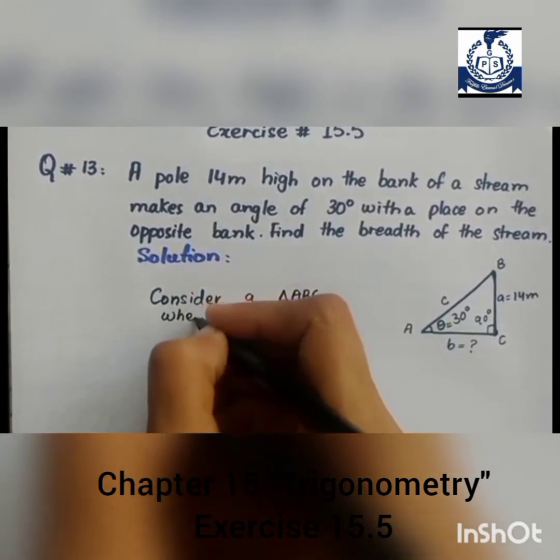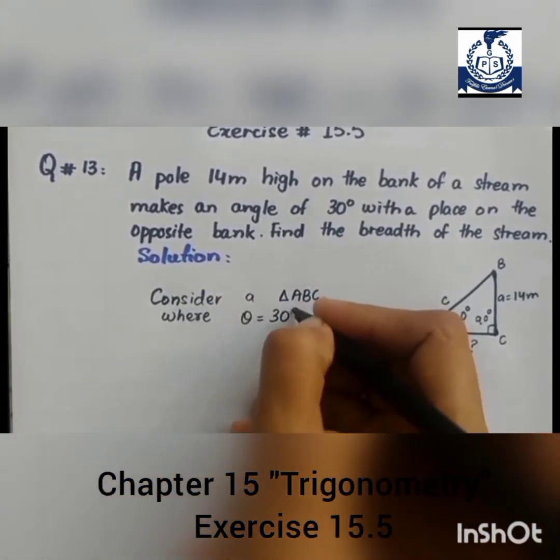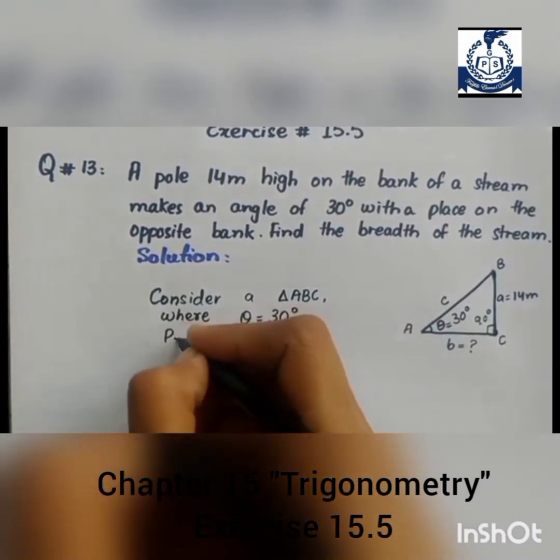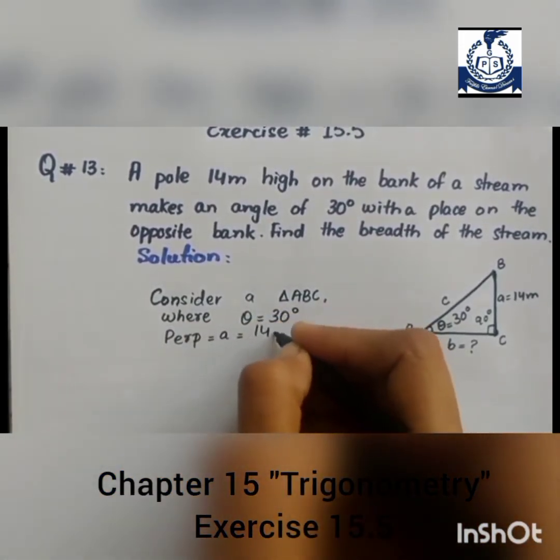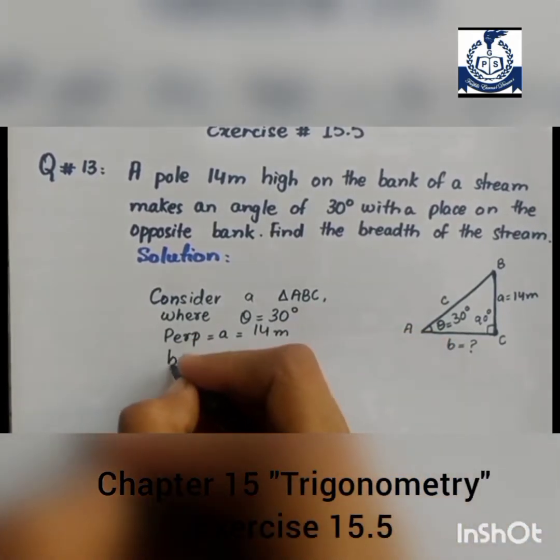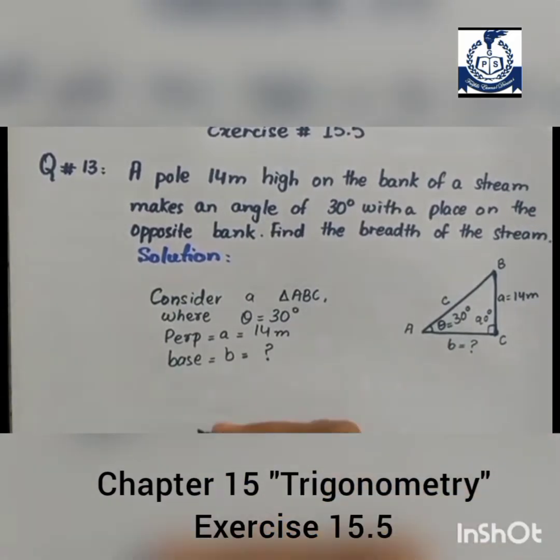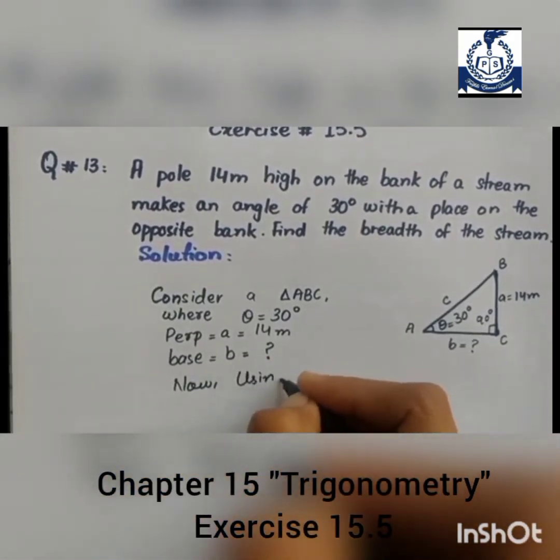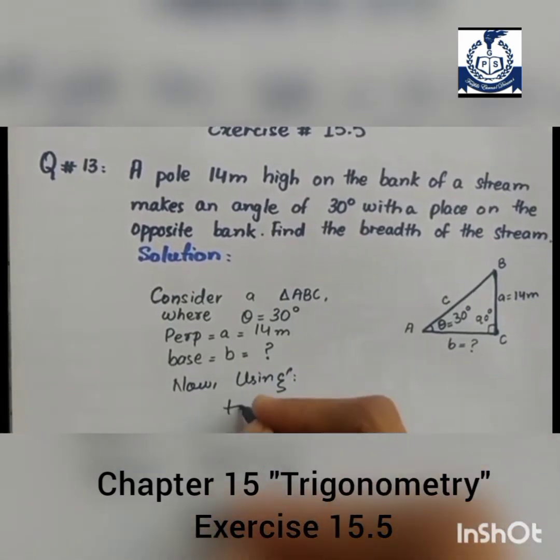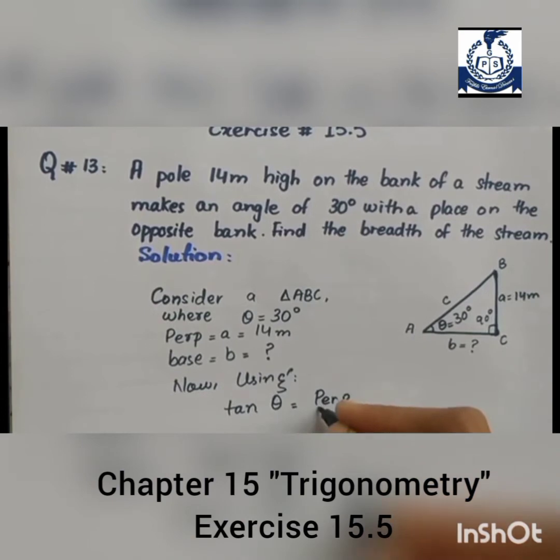So where we know the theta is equal to 30 degree and perpendicular is equal to 14 meter, denoted by small a and equal to 14 meter, and we need to find out the breadth of the stream which is base and which is denoted by small b. So now we can use the tan theta formula because we know the value of perpendicular upon base.